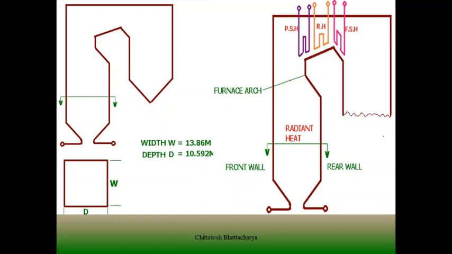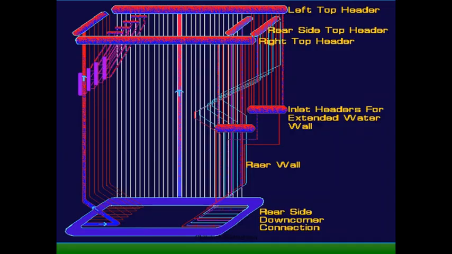This kind of arrangement is called membrane walling. Whatever the walling, it depends upon the arrangement of heat transfer area and the furnace cross section. That way we try to figure it out and fix it.